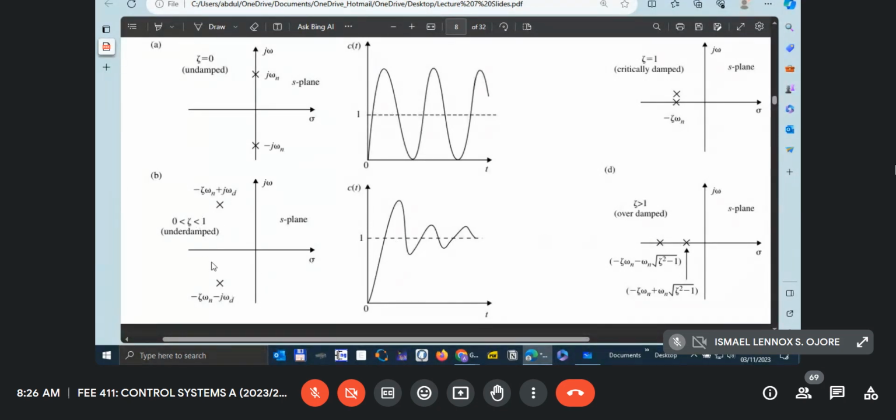So when poles are on the left side, or the left half of the S plane, then we say our system is actually stable.